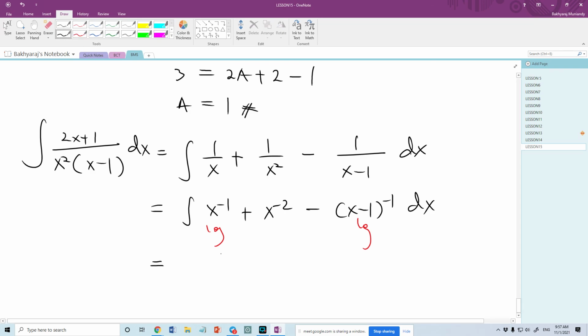So equal, log x plus x to the negative 1 over negative 1 minus log x minus 1 plus c.